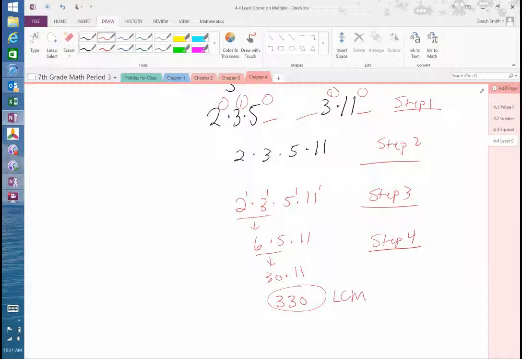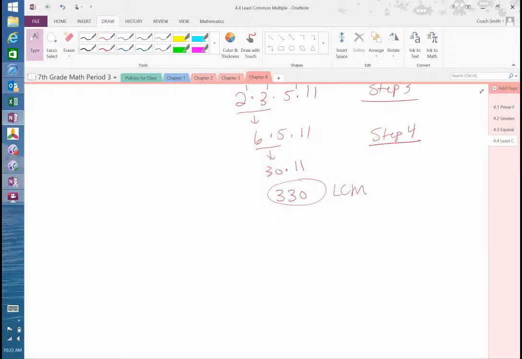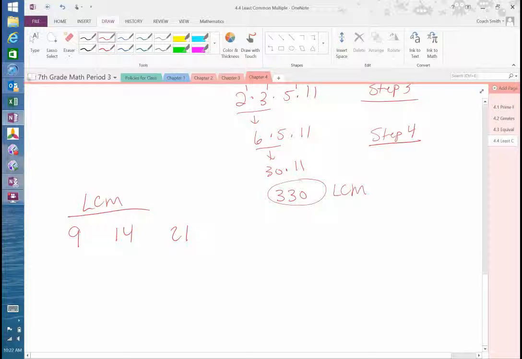Okay. Now, it doesn't change if you have 3 numbers: 9, 14, 21. And we want to know the LCM of those 3 numbers. Well, those prime factorizations are easy. What's the prime factorization of 9? 3 to the second.